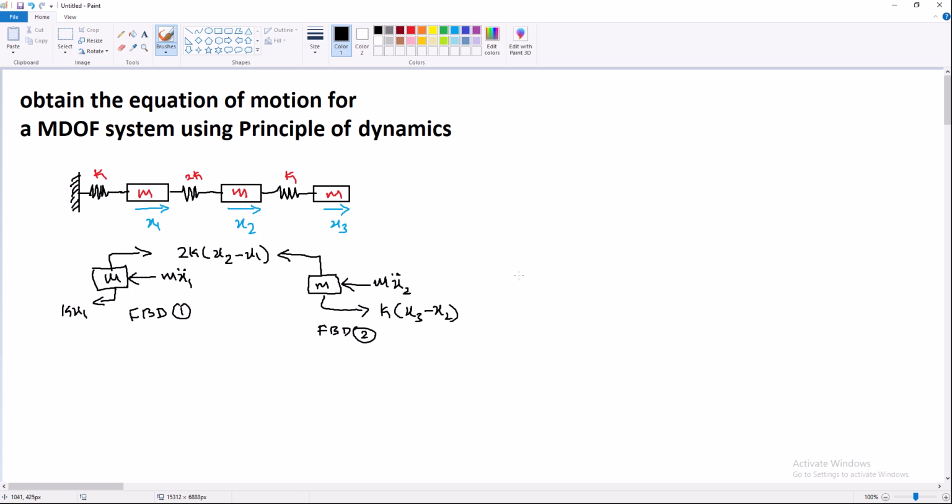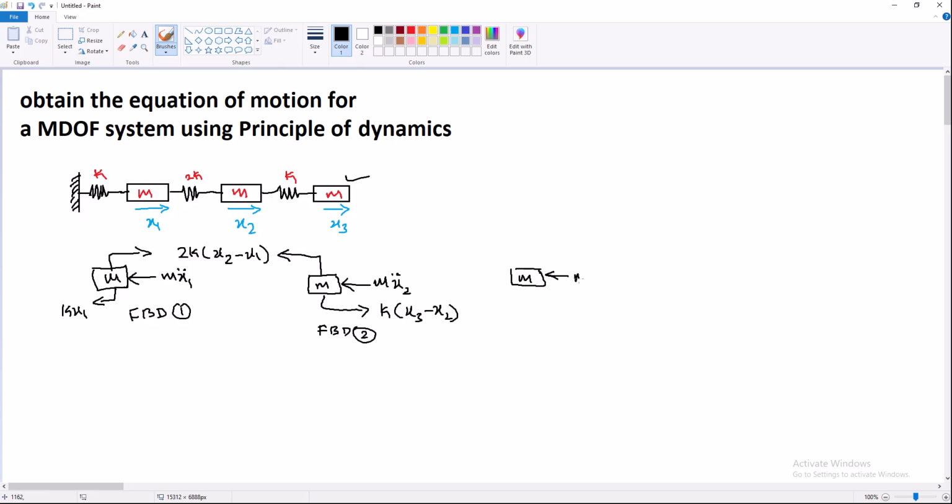In a similar way, I need to draw the free body diagram of the third mass. If I draw the mass element, I do not have any connection in this direction, only in this other direction.